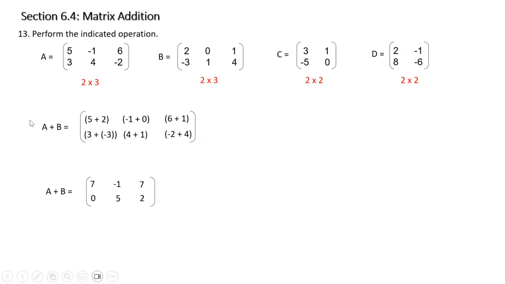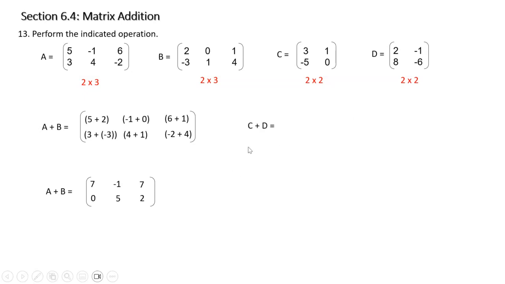I guess if you want, you can skip this middle step here. All right? You can go straight, like saying 5 plus 2 is 7. Negative 1 plus 0 is negative 1, and so forth, right? But I just show this step so you guys can know exactly what's taking place.